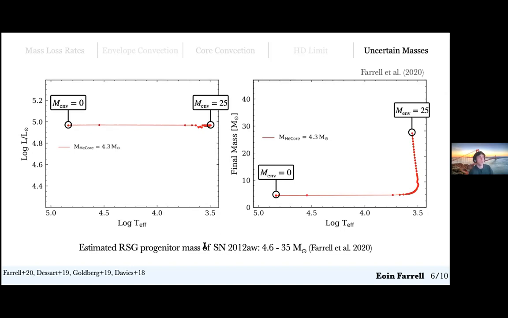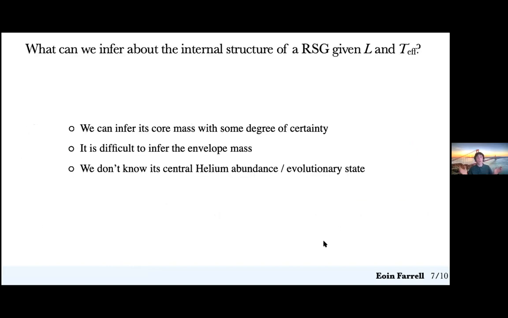For example, for this individual red supergiant progenitor, we derived an allowed mass based on the luminosity and temperature of between 4.6 and up to 35 solar masses. So what can we infer about the internal structure of a red supergiant, given L and Teff, the most commonly available properties? I wanted to highlight 3 key points here.